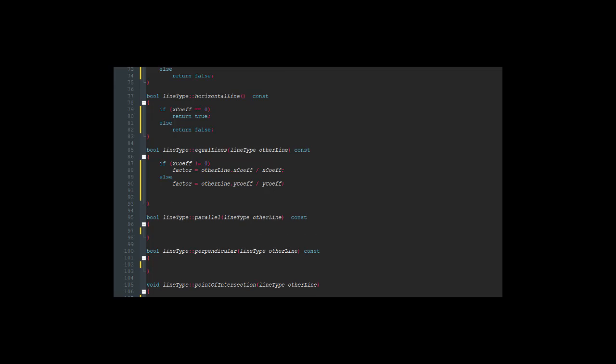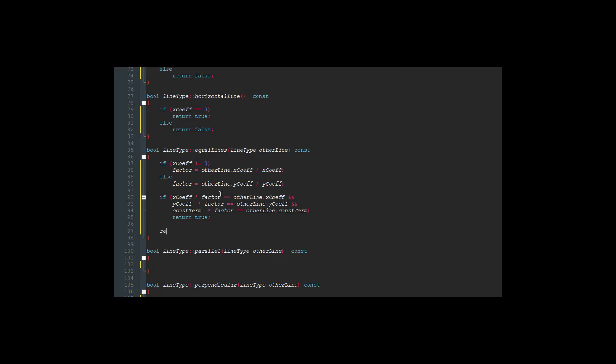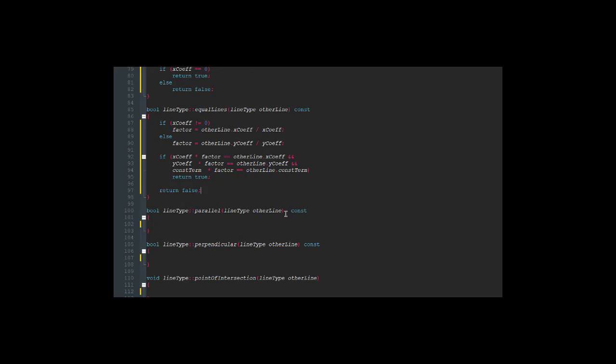So all we need to do is get an if statement that looks like this. And then we can just write in right here, return false. Okay. Because if this doesn't execute, this will. Okay, now we can go on to parallel lines.